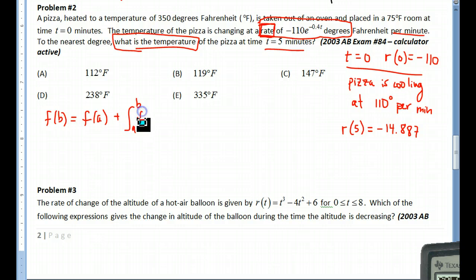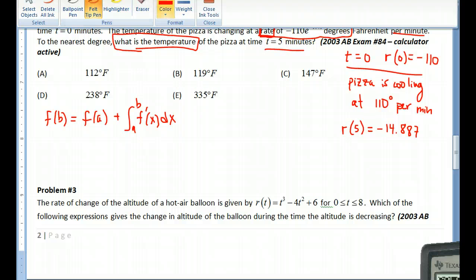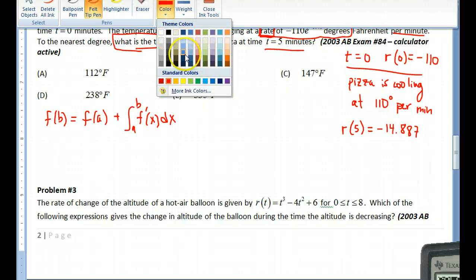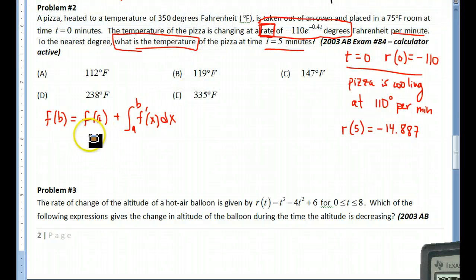5. Okay? Think about starting points and all that business. Yes, Melissa. Did I tell you? Yes. So F of B, that's the temperature that we're actually looking for.